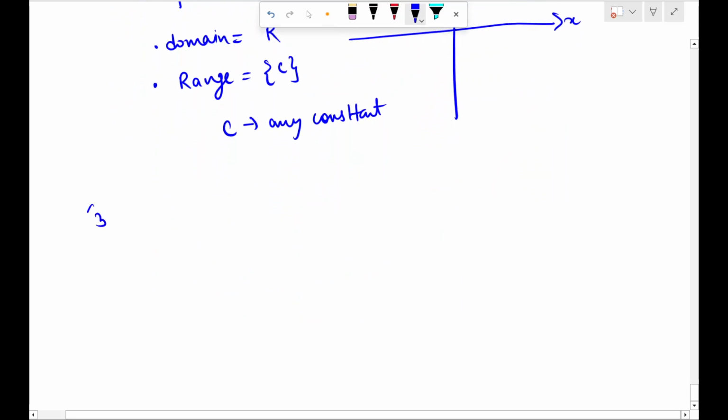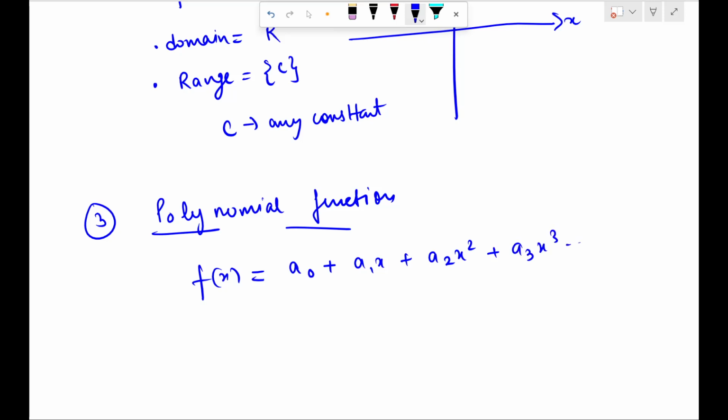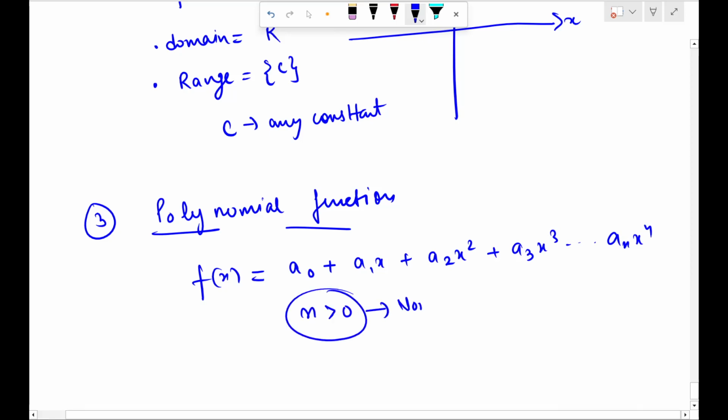Third is the polynomial function. The general form of a polynomial equation is f of x equals a naught plus a1x plus a2x square plus a3x cube and so on up to an x to the n, where n is a non-negative integer.